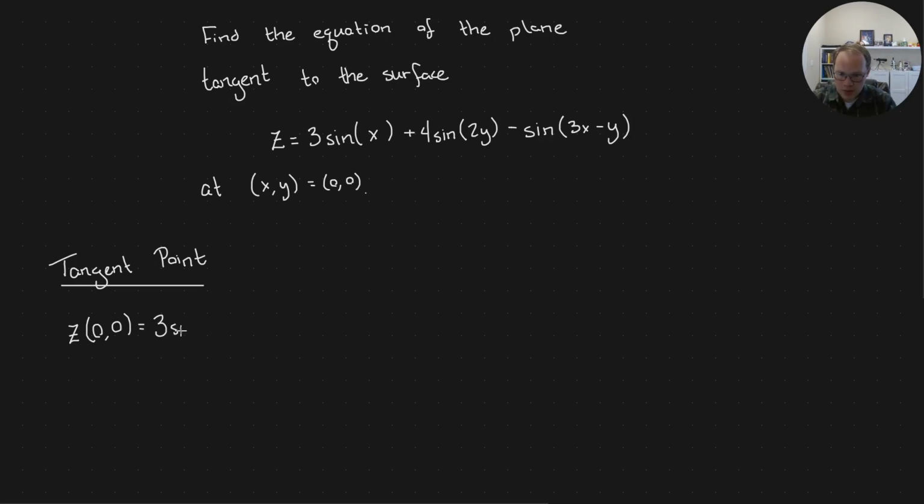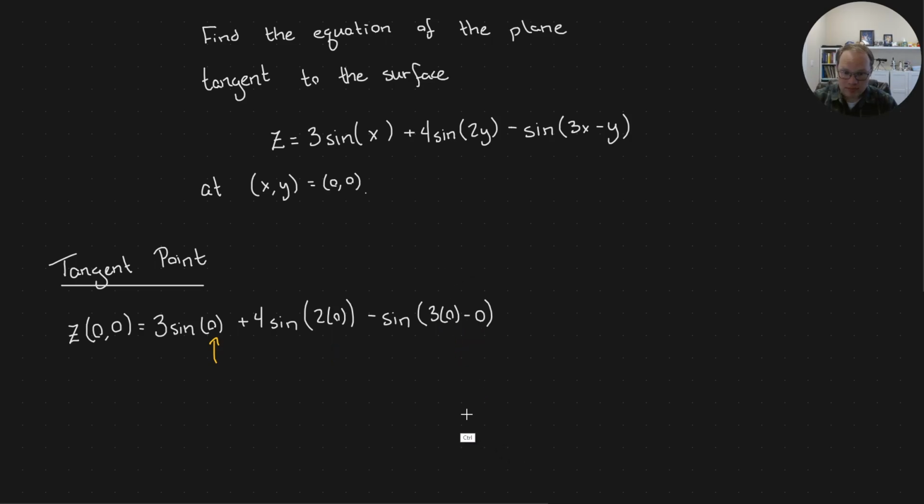So I get 3 sine of 0 plus 4 sine of 2 times 0 minus sine of 3 times 0 minus 0. Now, notice the interior of the sine function, what I'm plugging in, is just going to be 0 in every single case, right?